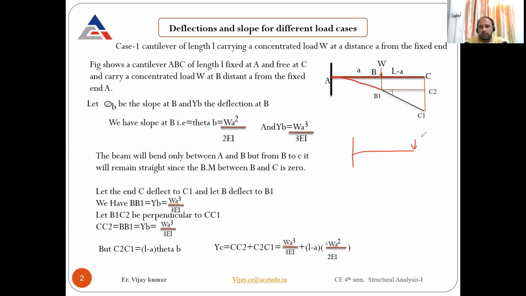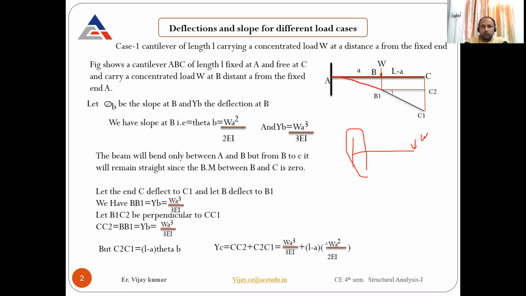In that case we already saw the slope equation, the deflection equation, and the maximum slope and maximum deflection, which obviously occur at the free end. At the fixed end there will be no slope and deflection, because a fixed end does not allow movement up and down, and no rotation is possible. So slope and deflection both will be zero at the fixed end.